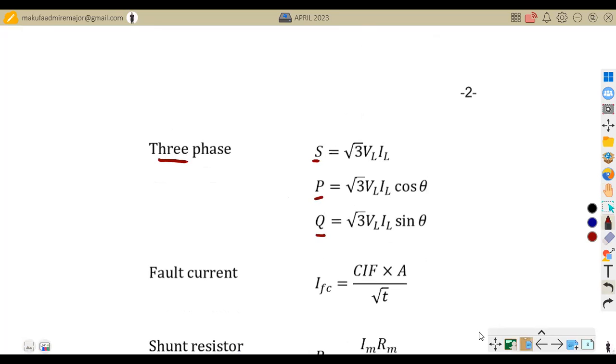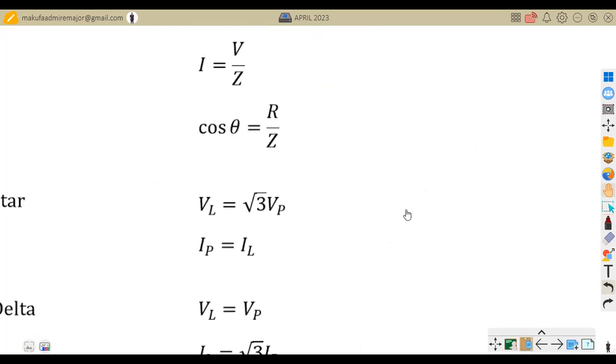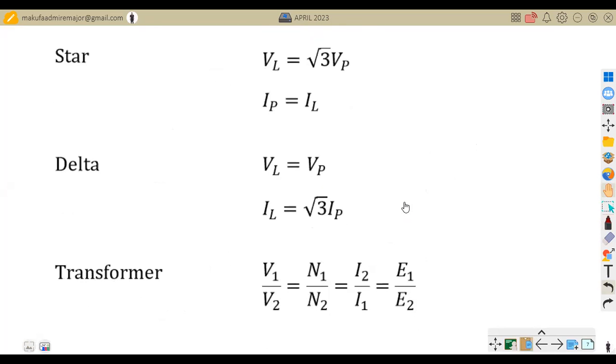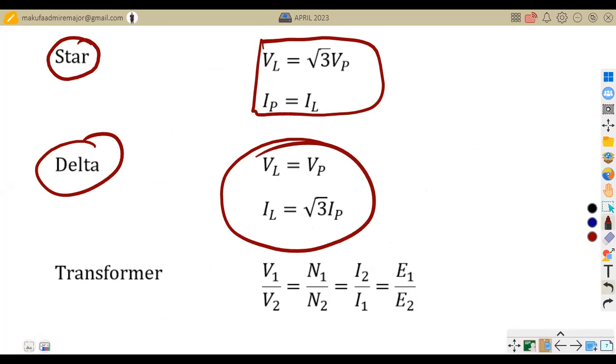But we also have the connection of these formulas, whether in a delta or in a star. I want you to check this so that you will not be limited in the exam. In a star, these are the formulas to apply. In a delta, these are the formulas to apply.